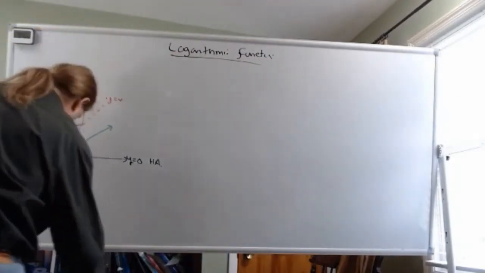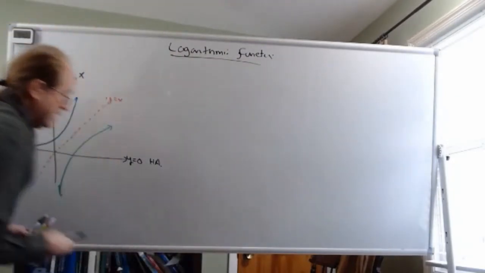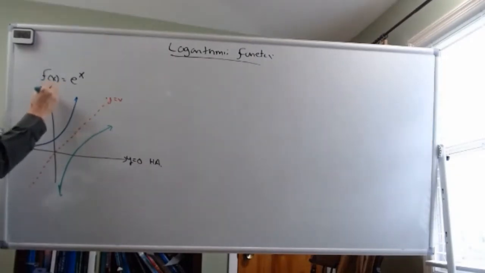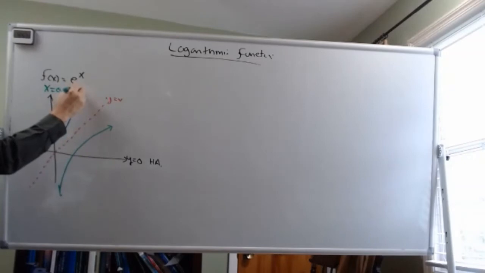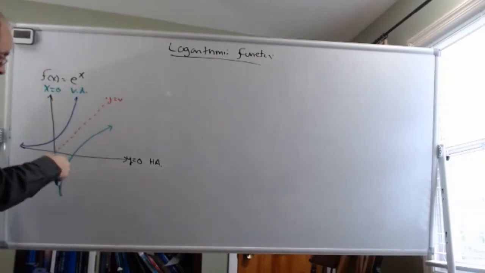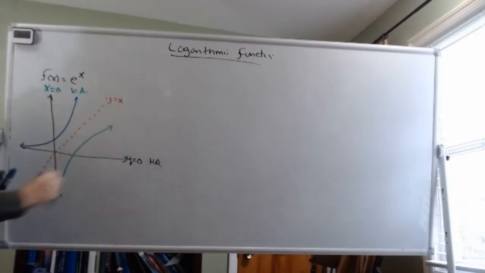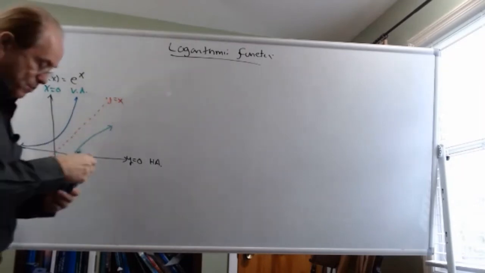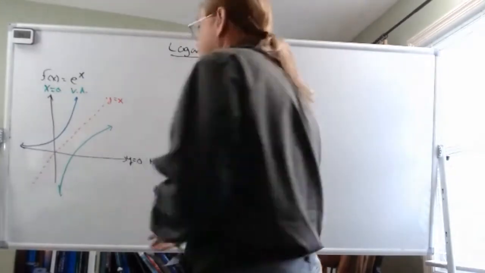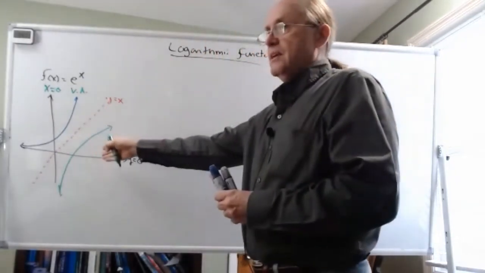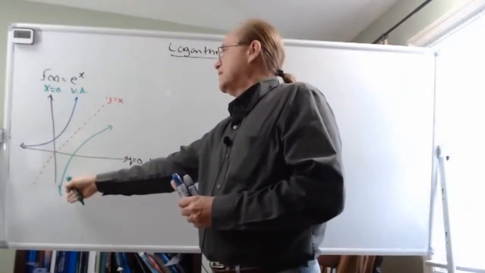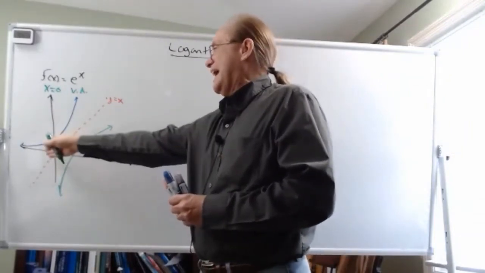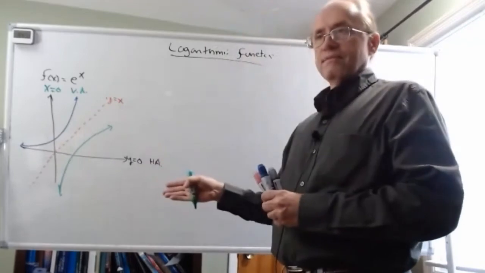So over here, you take x equal to 0, and this satisfies the idea of a vertical asymptote. It makes sense because they are inverse functions of each other. That's the unique characteristic of logarithmic functions: they have vertical asymptotes where the exponentials have horizontal ones.